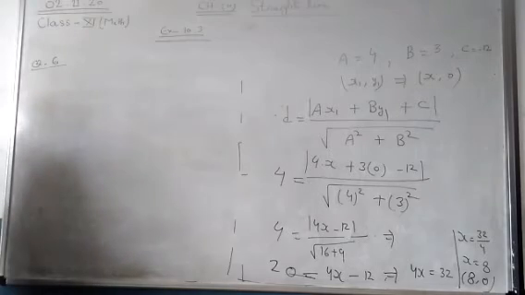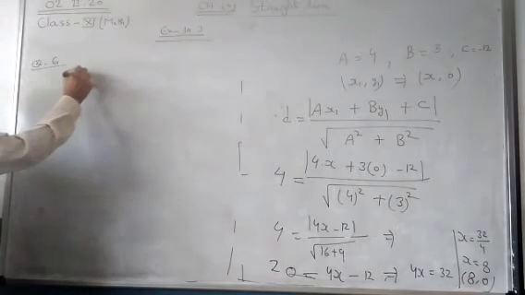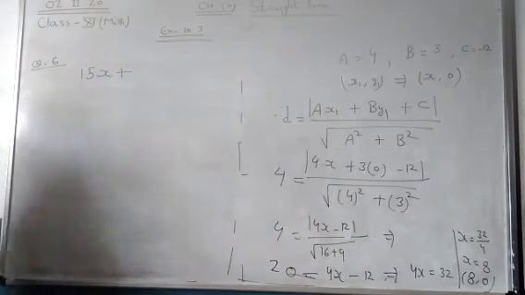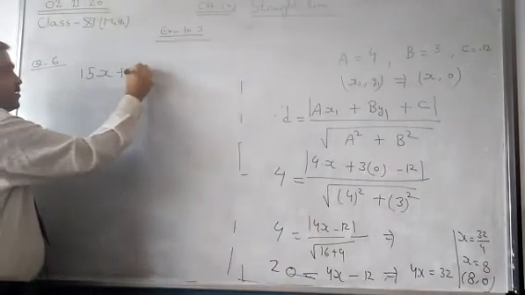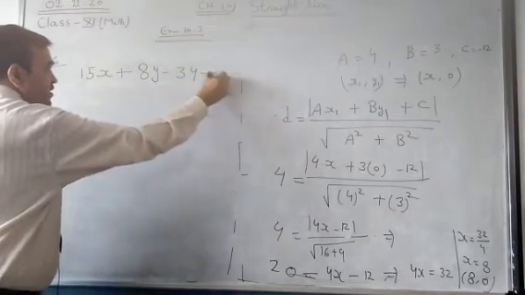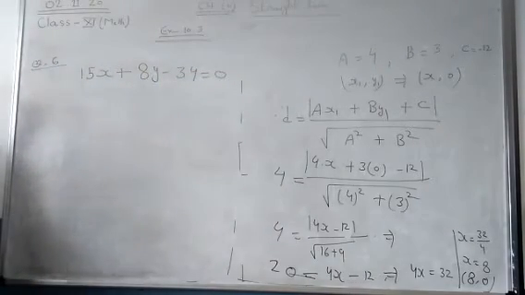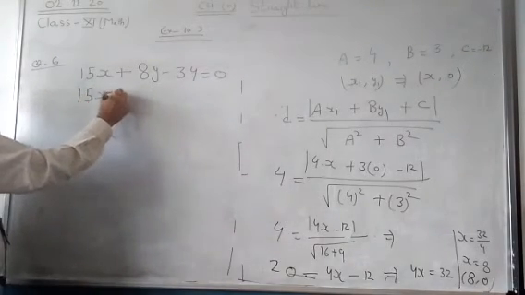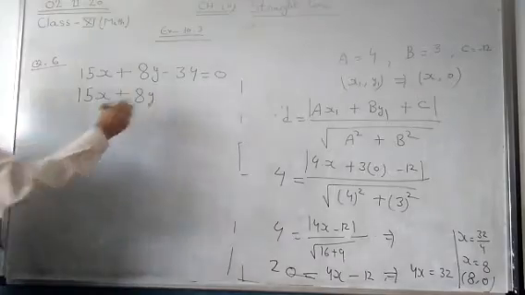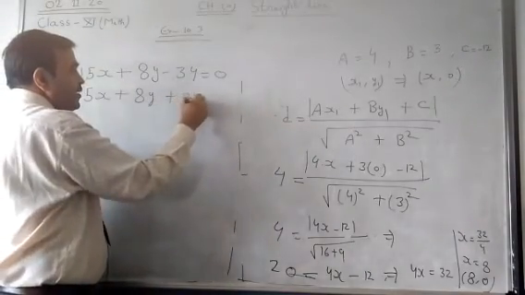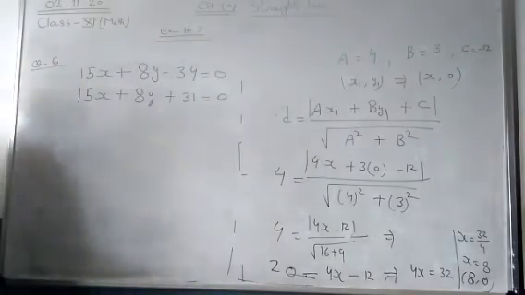Equations of straight lines: 15x plus 8y minus 34 equals 0, and second, 15x plus 8y plus 31 equals 0.